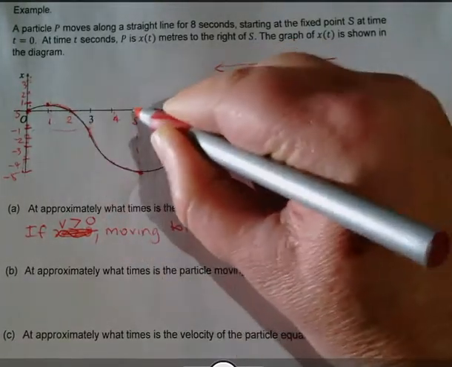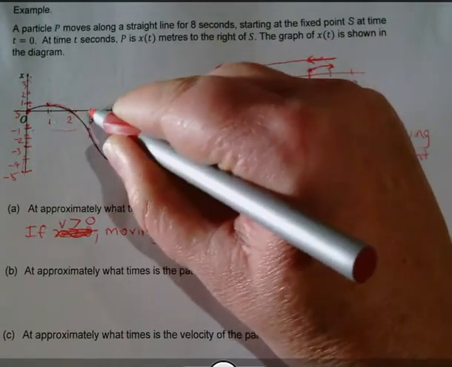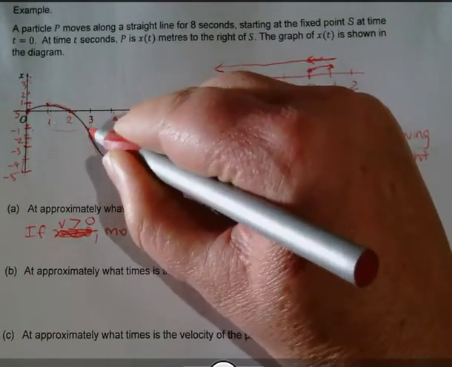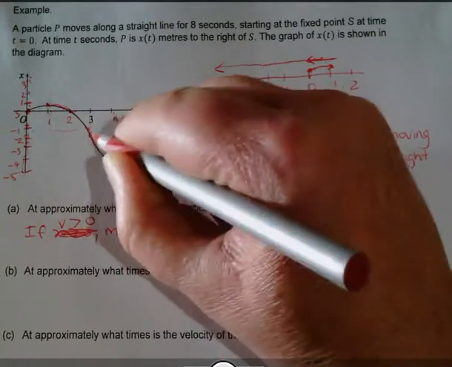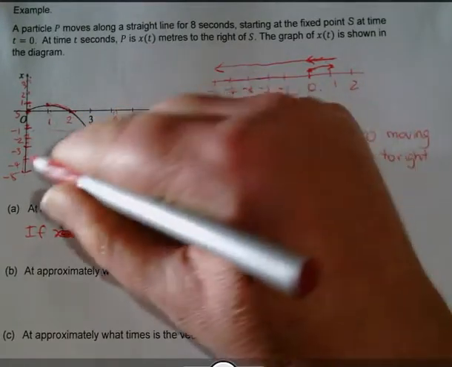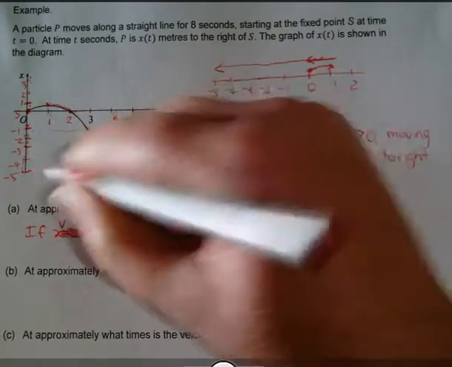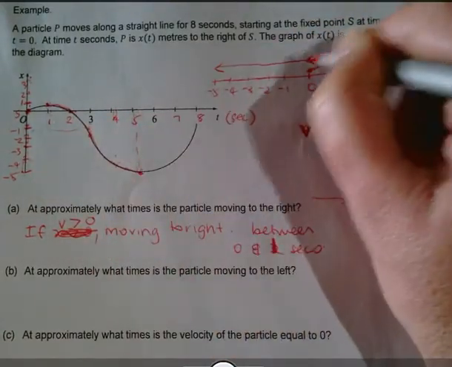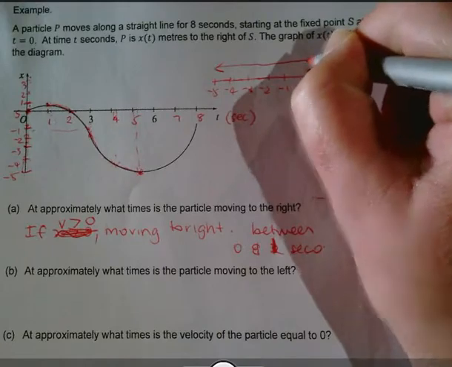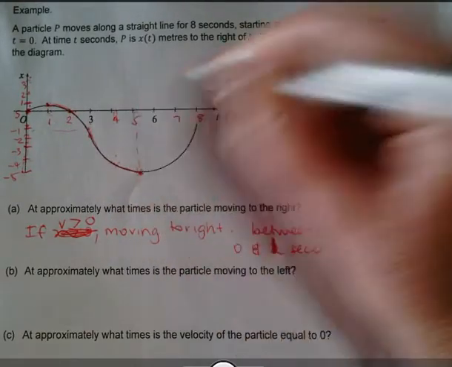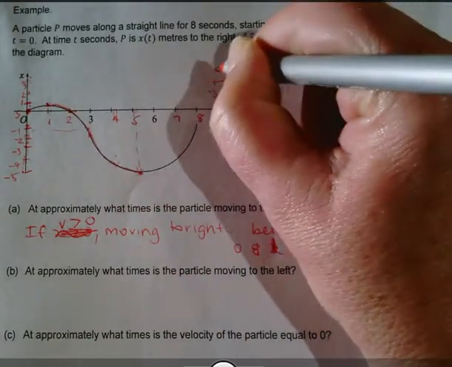And then from 2 to 5 seconds, you're at the origin, and then at the 3 second mark, you look like you're about at -2, and at the 4 second mark, you might be at about -4. Remember, I've made these up. And at the 5 second mark, you're at -5. So from the 2 second mark to the 5 second mark, you're still traveling to the left.